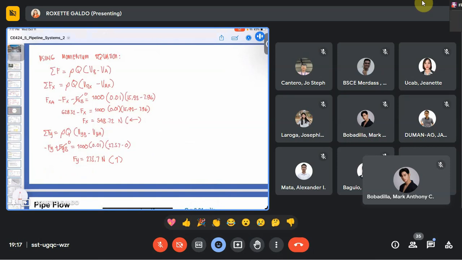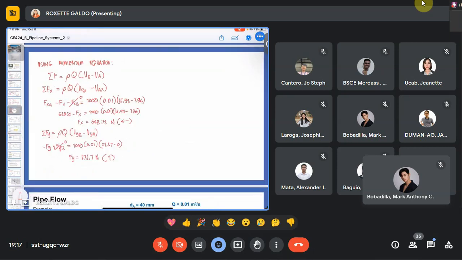So these are just components of the force at the hinge. We still have to get the resultant of this, and that is going to be the value of our force at the hinge. So 548.72 squared plus 275.7 squared.